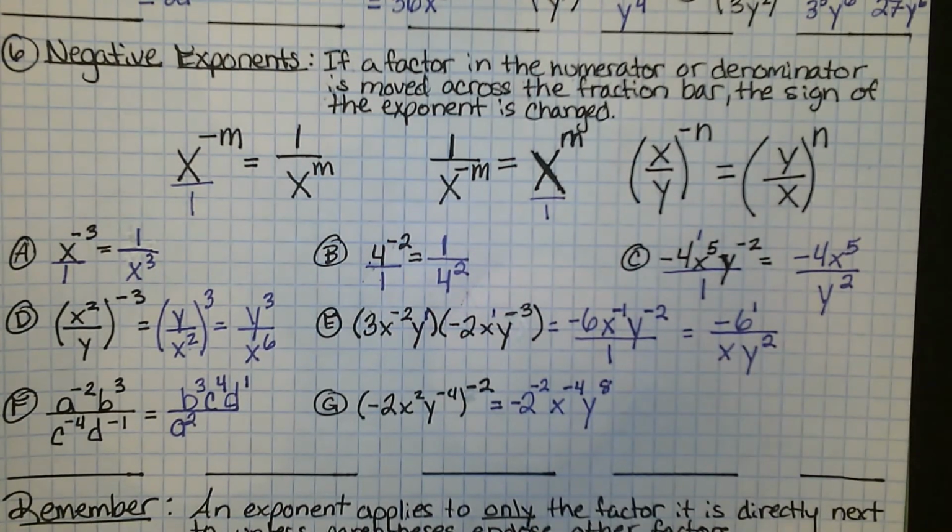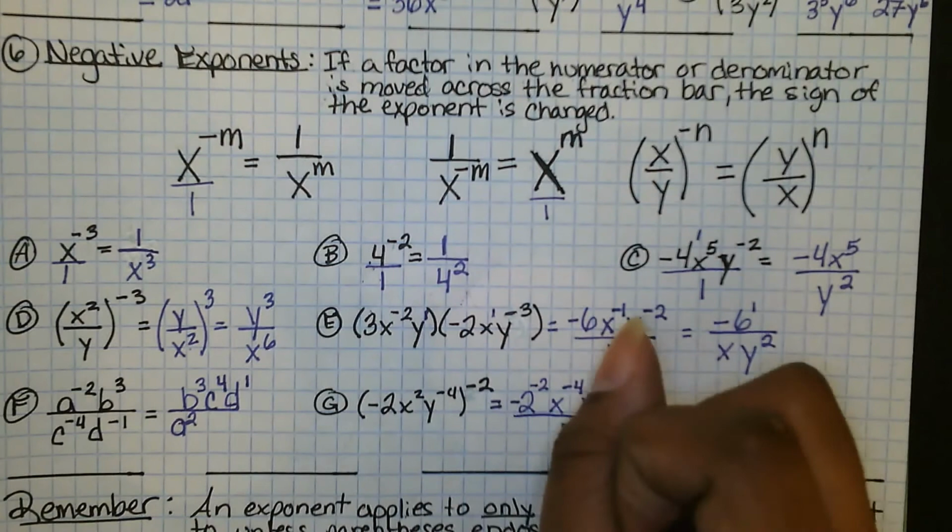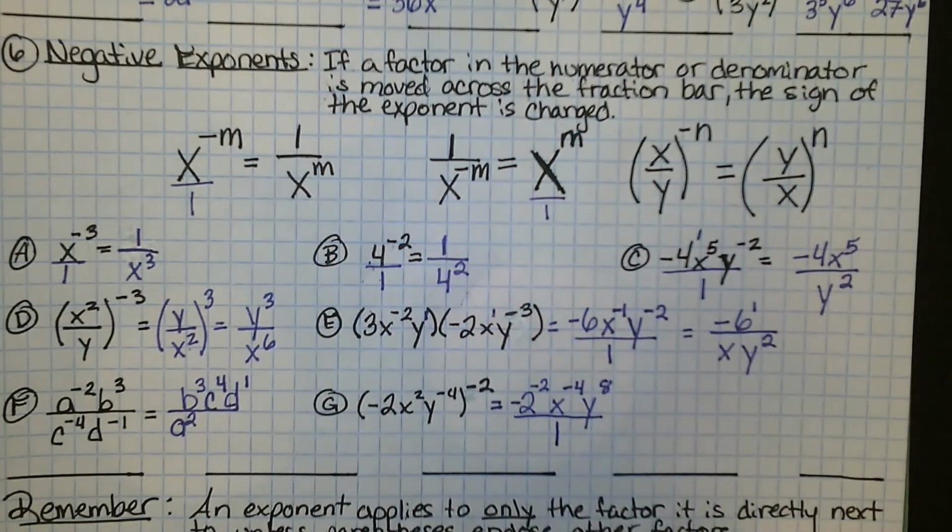So now that I have raised all of these to the -2 power, we can now correct the negative exponents. Remember, this is all currently in the numerator. So the first thing I see is that -2 is raised to the -2 power.